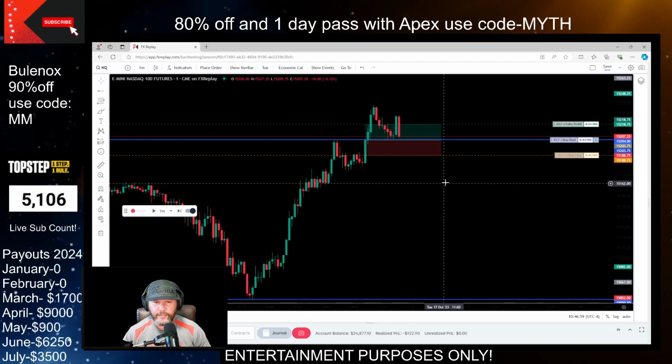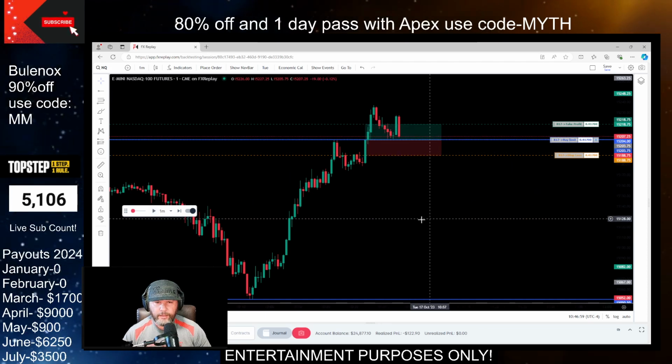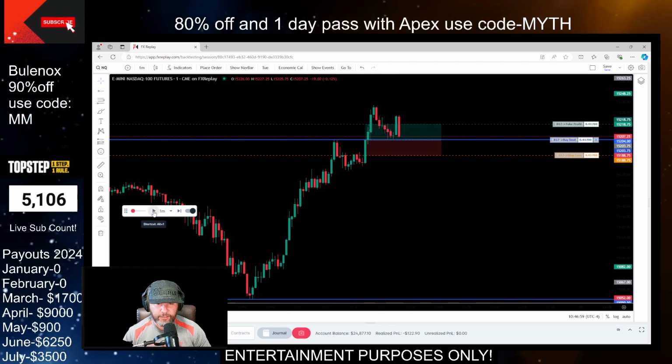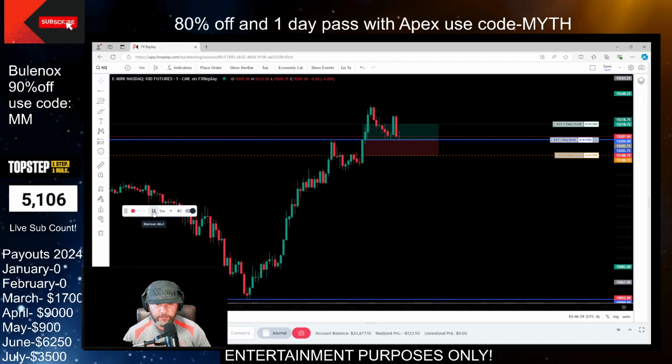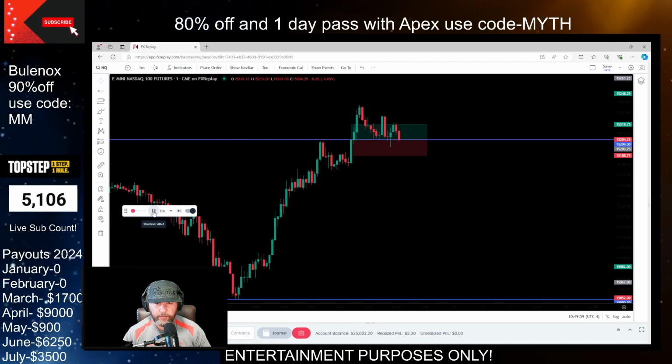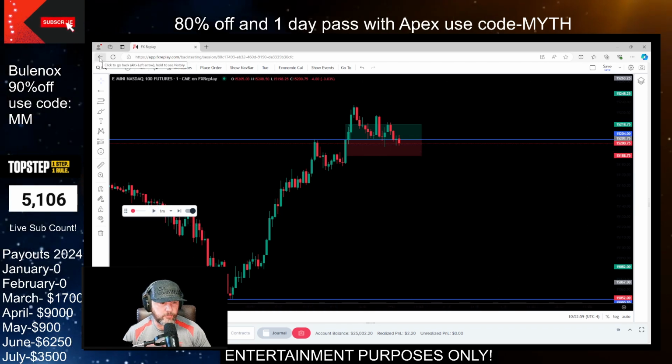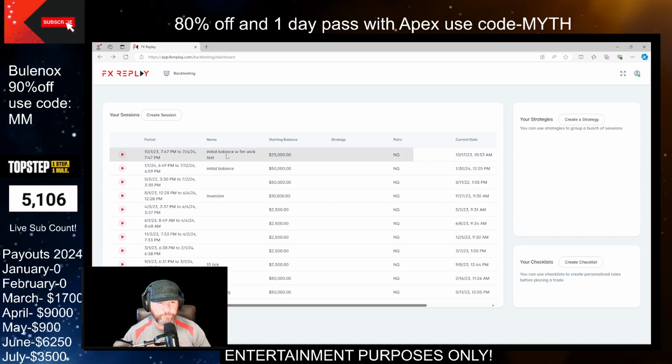Wow, did we not get tagged in there? Yeah, that's one where I don't know if I still take this on that, not getting tagged in there on a couple of wicks. Tagged in there and out. Perfect. Still a W trade, but that's a little clincher there for you.